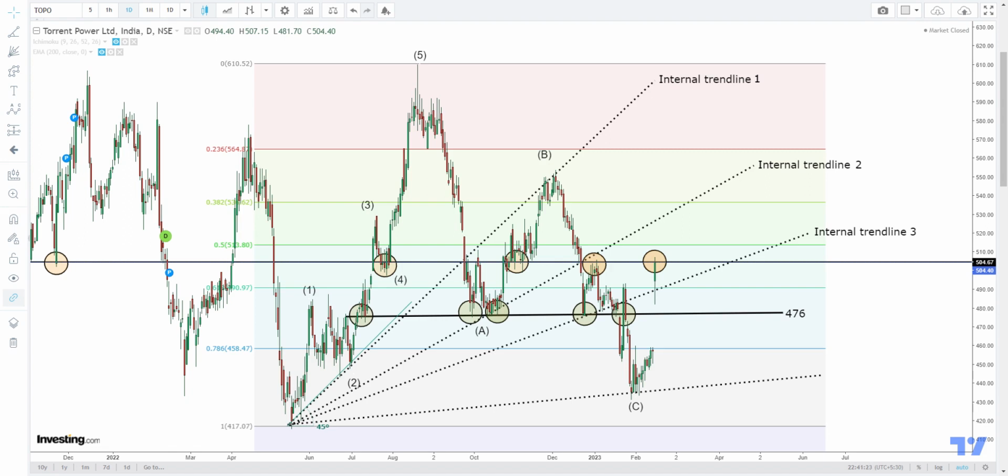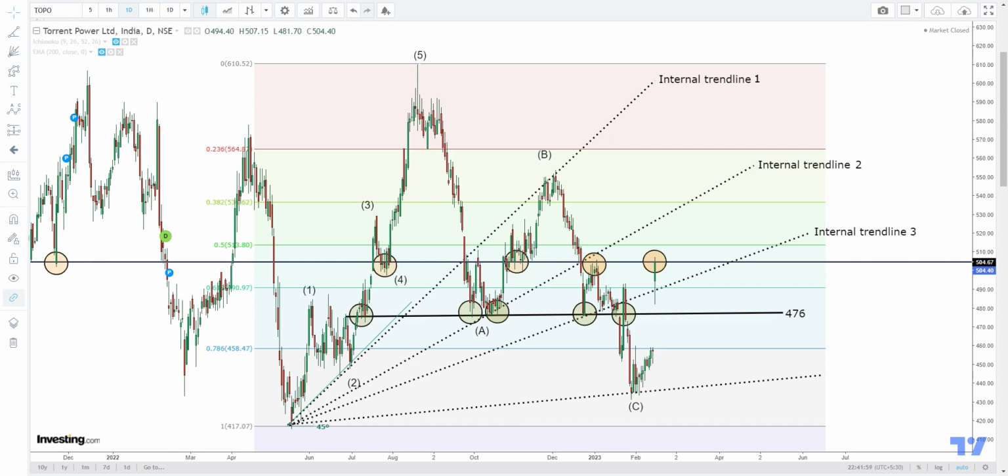So if we have to treat our immediate stop loss, if we say that on a subsequent day it breaks out the high of this particular price action, which is 504 or 507, which is today's high, then the immediate near-term support, stop loss, or an area from where it can take a pullback is 476, because prior to today's gap the price was constantly respecting this particular band, except over here where it broke it. Correct? So this was part 1 with respect to the support and resistance.